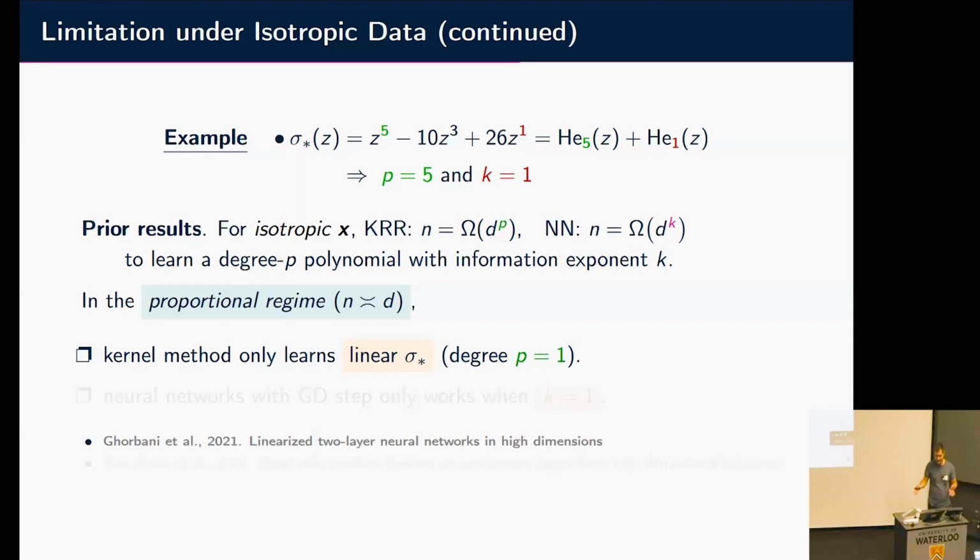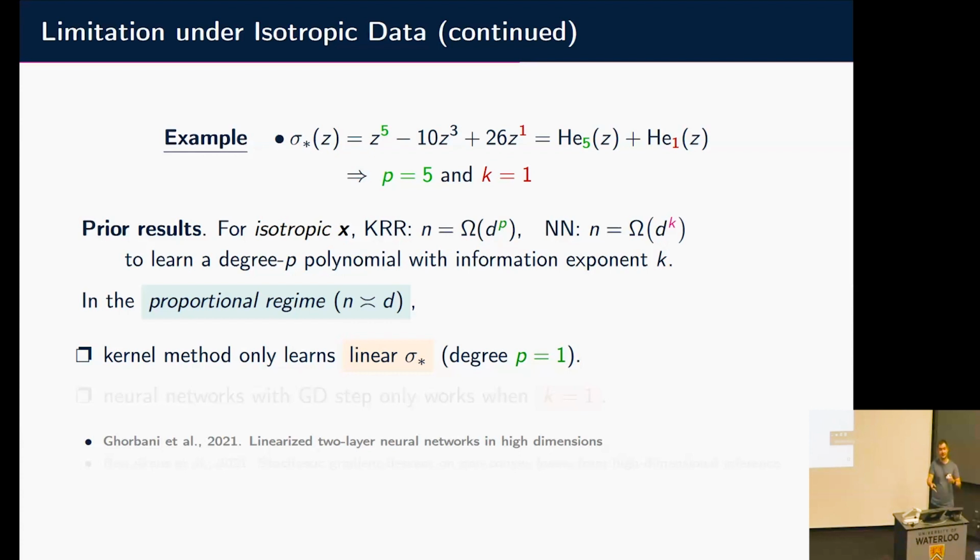So what do the prior results say? For kernel methods, kernel ridge regression, the sample complexity to learn a degree P polynomial has to be of order D to the P. And for neural networks, the sample complexity has to be of order D to the K. Now, one of them is picking up the polynomial degree, the other one is the information exponent.